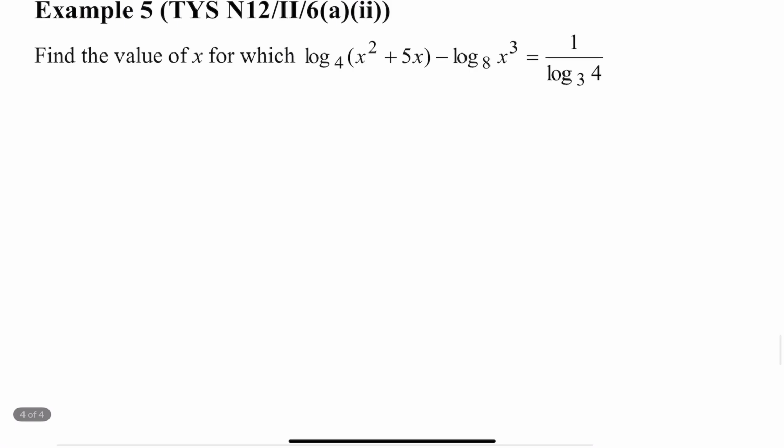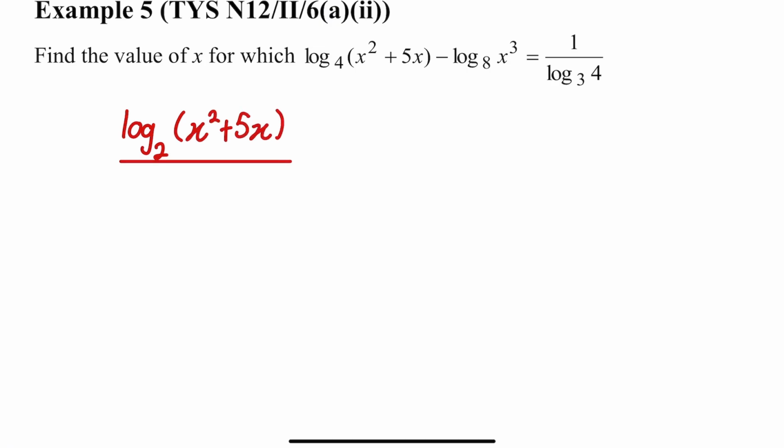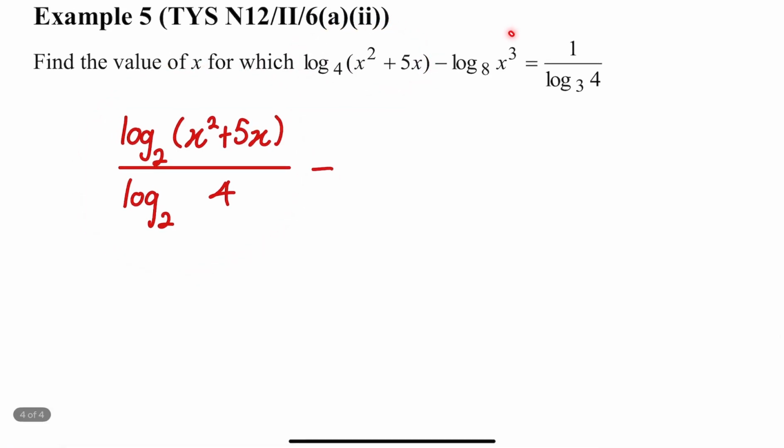So over here, log base 2 of x squared plus 5x over log base 2 of 4. This is your first term here. I change base to get this using our change of base formula. Next, for the log function here, I change base in order to get base 2.